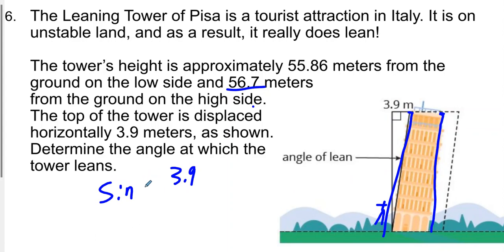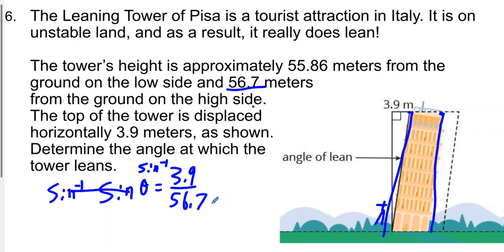We're using sine of the unknown angle theta equals 3.9, and the hypotenuse, the side of the tower, would be 56.7. Inverse sine both sides.